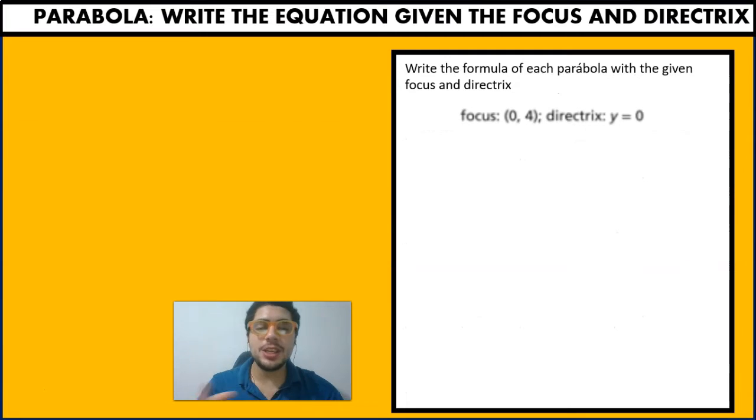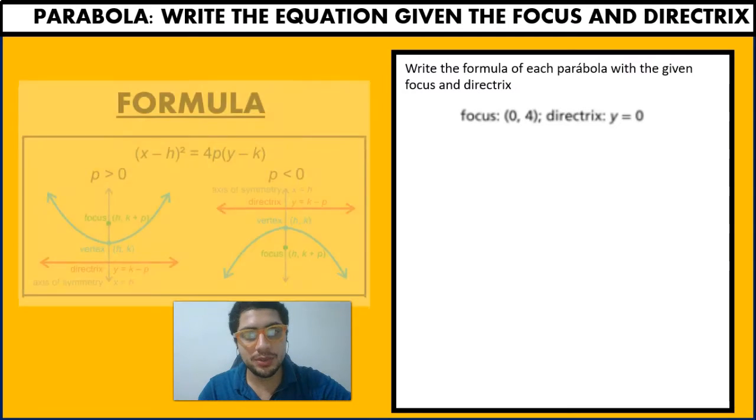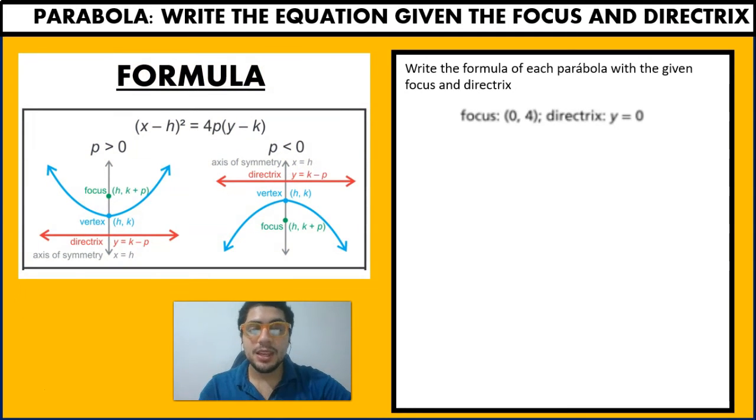Now guys, in today's problem, we're given a focus located at (0, 4), and we're given that the directrix is the line y equals 0. Okay, now it's very important that we remember the formulas so that we take into account the values of p, the directrix, and the focus, right?